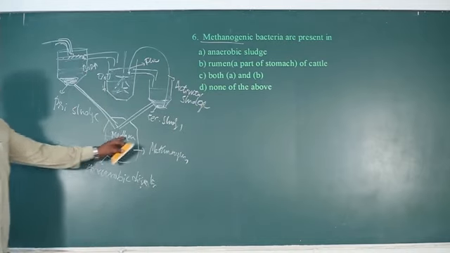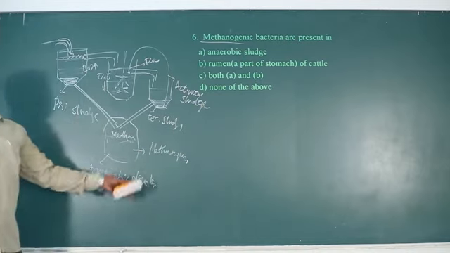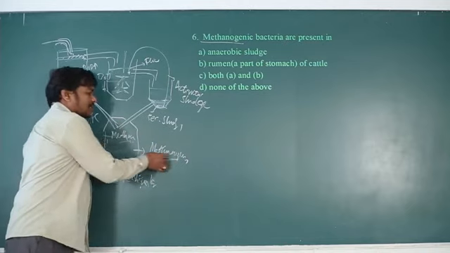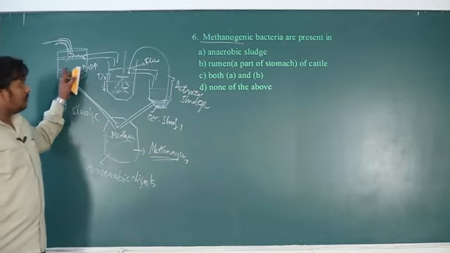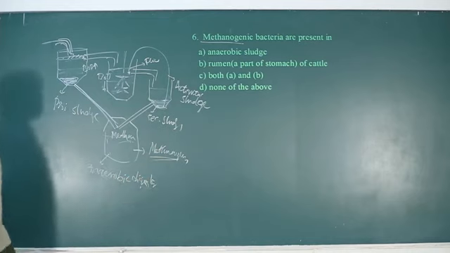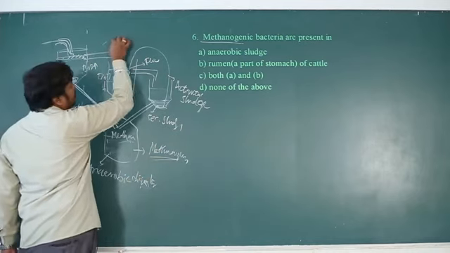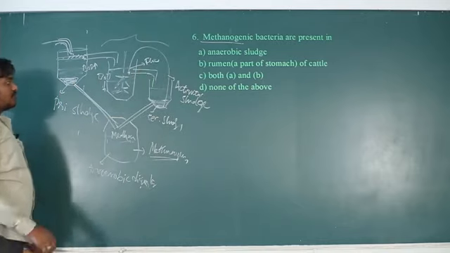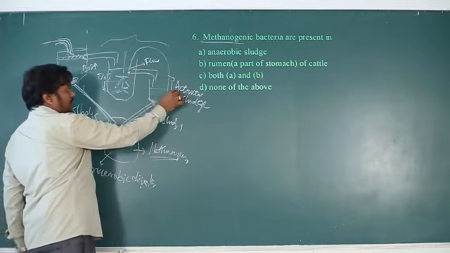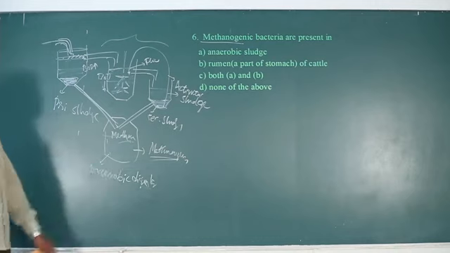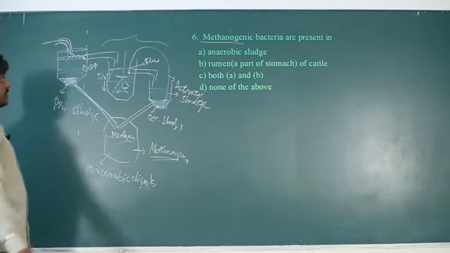In this tank there is an anaerobic digester where methane gas is produced due to the activity of these methanogens. It is a simpler way to remember the sewage treatment. Up to here is the primary treatment, and this is the secondary treatment. After purification, water is released into the water bodies, sometimes after tertiary and quaternary treatment also.